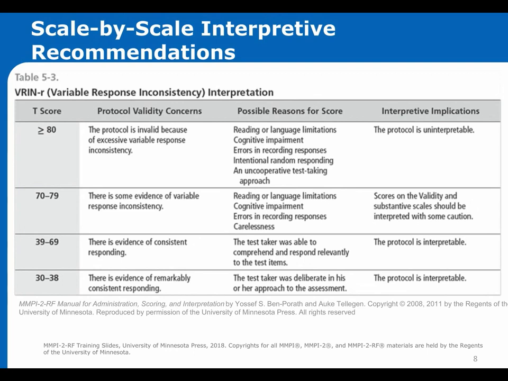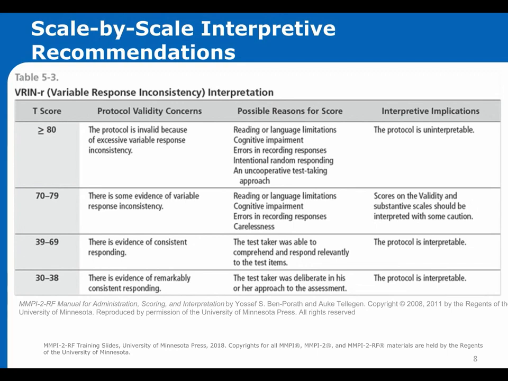So any or all of these possible reasons could be the cause of this elevated score of 80 or higher on VRIN, and it's important to consider extra test data to rule in or rule out each of these possibilities. And then in the final column, to the right, we have the interpretive implications, and we see here, for example, that at a score of 80 or higher, if someone produces that score on VRIN, then the protocol is uninterpretable.